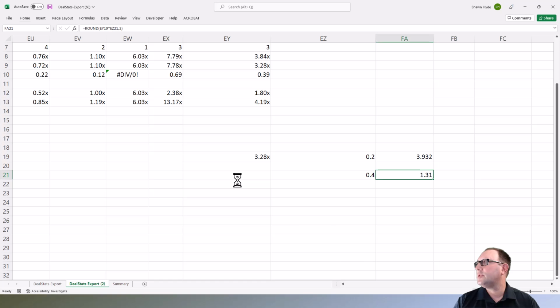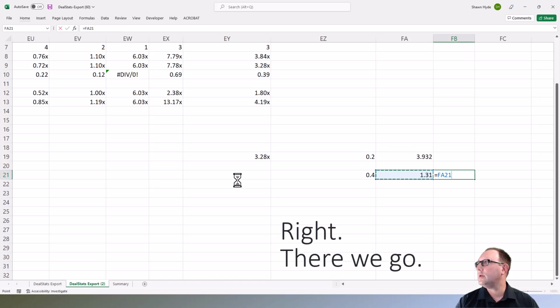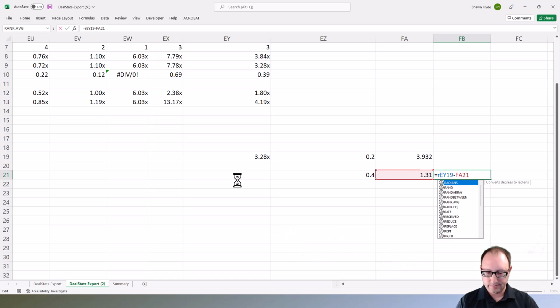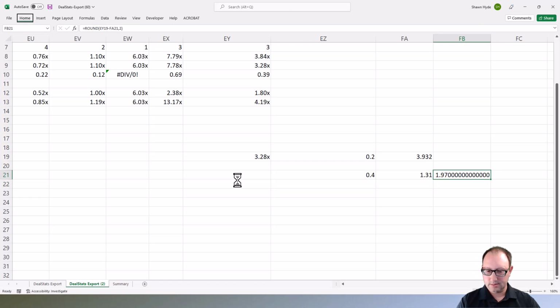So that'd be the adjustment, right? So that would be this minus that. That would be the multiple that we'd be looking at using. Get rid of all those extra zeros. It's up to the appraiser's judgment. So then you choose what multiple you want to look at.